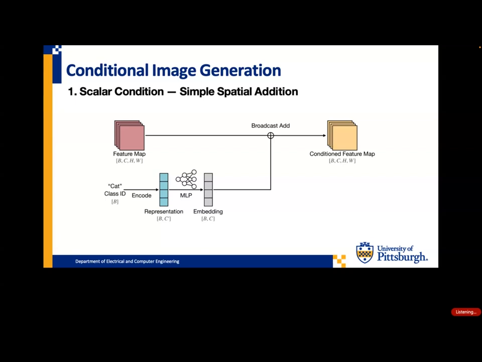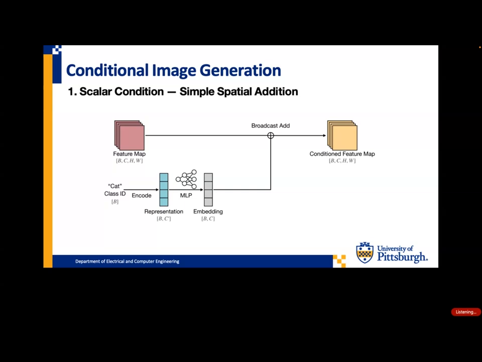For a scalar condition, let's say just a class, like class cat, and this is the feature map. This assumes we are using a UNet. If you are familiar, we talked about UNet: it's a shrinking and expanding network, which is why it's called UNet, kind of this shape. So this is the feature map, and this is simple spatial addition.